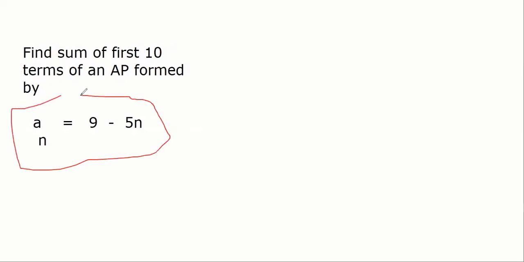The nth term is given by an equal to 9 minus 5n. What will you do? Let's put n equal to 1. When you put n equal to 1, what do you get? A1, right? A1 means the first term.